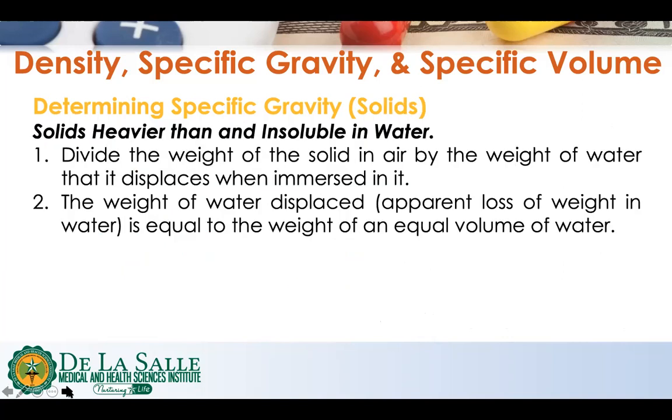Now, we can also employ the plummet method or the displacement method in general in determining the specific gravity of solids. So this time we will not call the method the plummet method because we will not be using a glass plummet, but instead the solid itself is the one that we will immerse in the liquid, which is water.